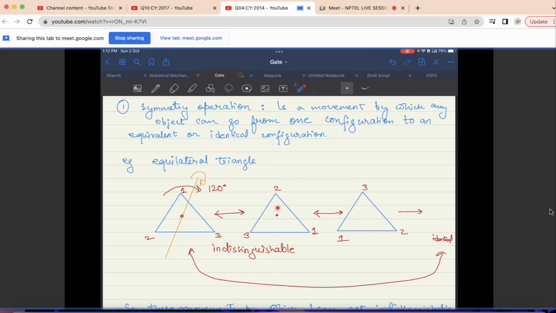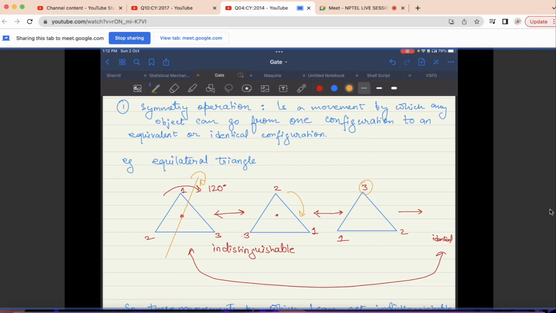around this particular axis, so my 2 will come here, and my 3 will go here, and so this will be the rotation again.